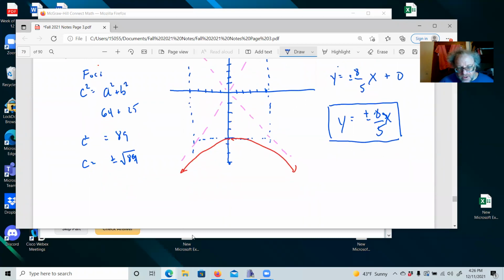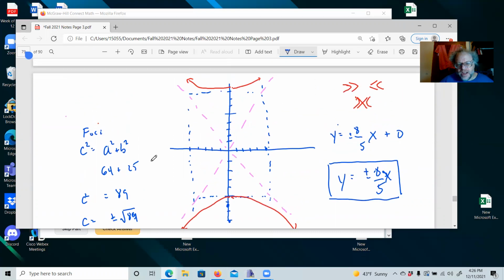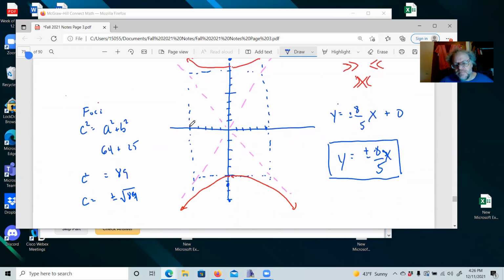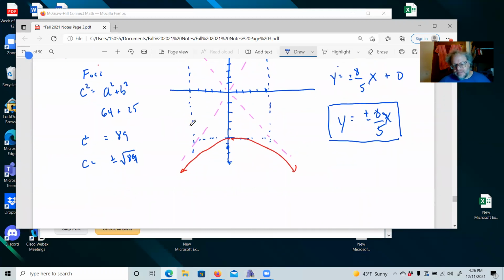Let's get an approximation: the square root of 81 is 9, so it's going to be a little bit more than 9. Those are our foci, 0 plus or minus root 89.